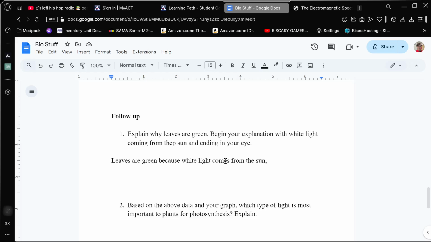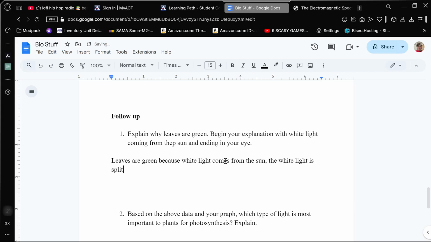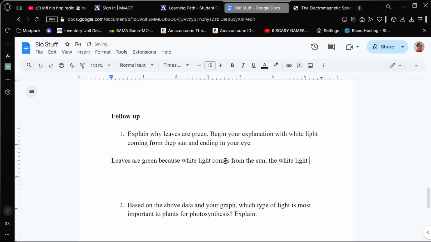The white light is split in the atmosphere. Or no, white light is made out of everything.